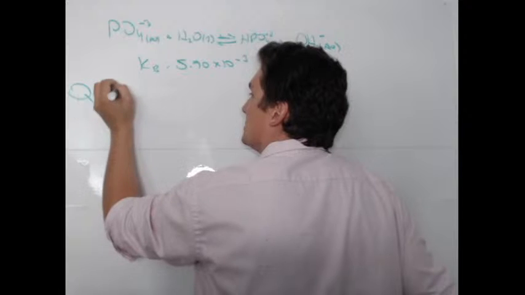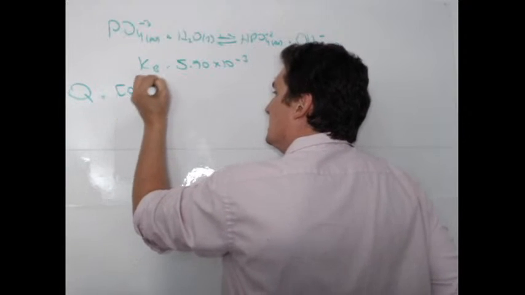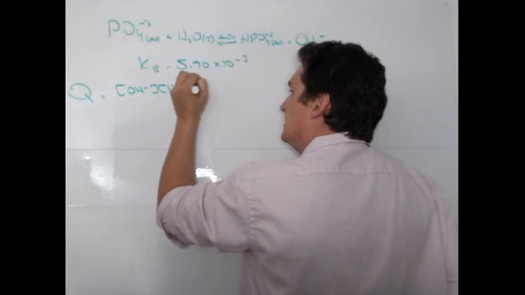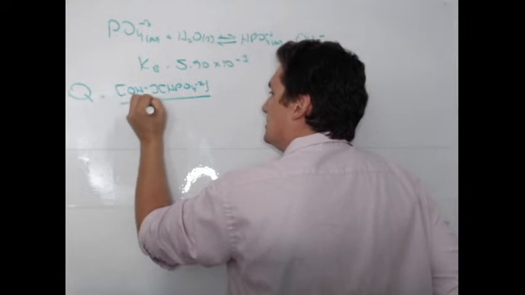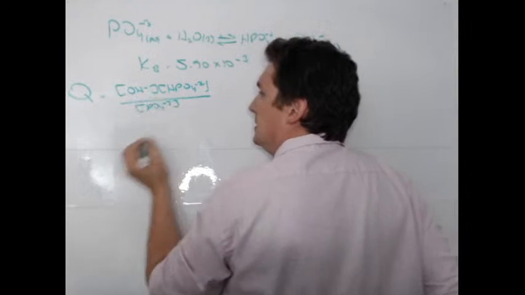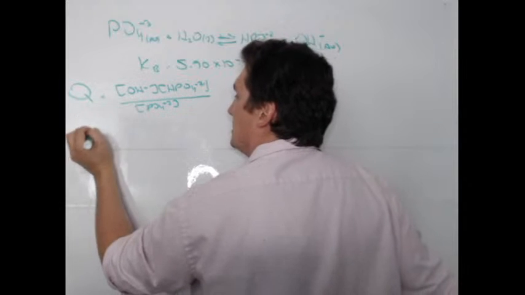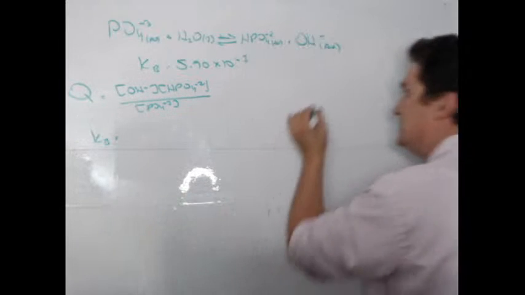So Q here is concentration of OH minus, concentration of biphosphate, and concentration of phosphate. We have Q equals KQ in this case, KQ is KB, and we need our IC table.